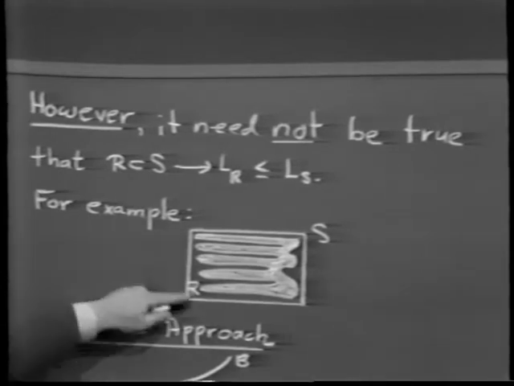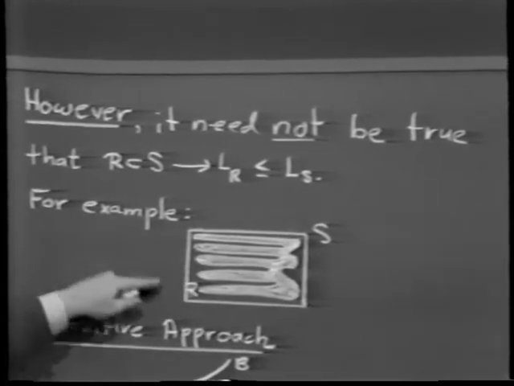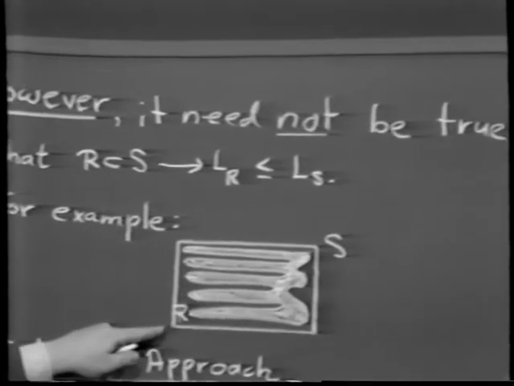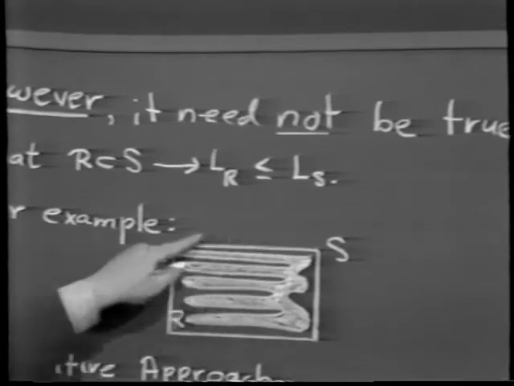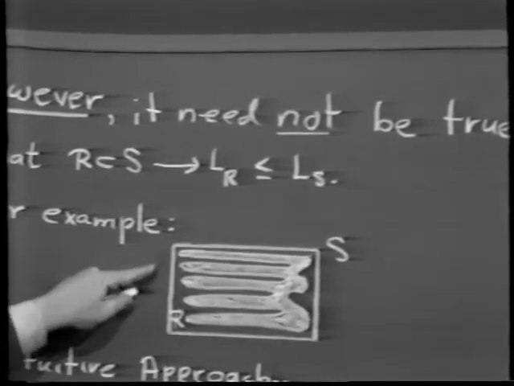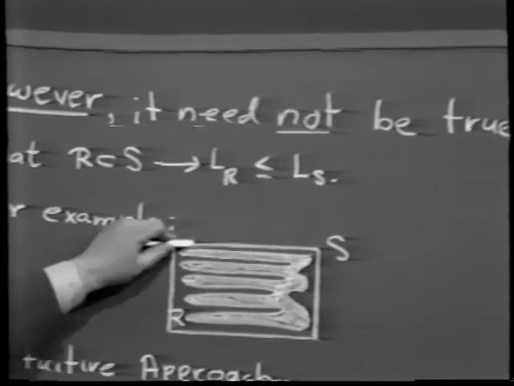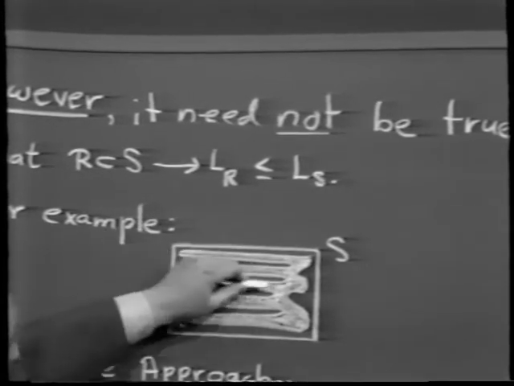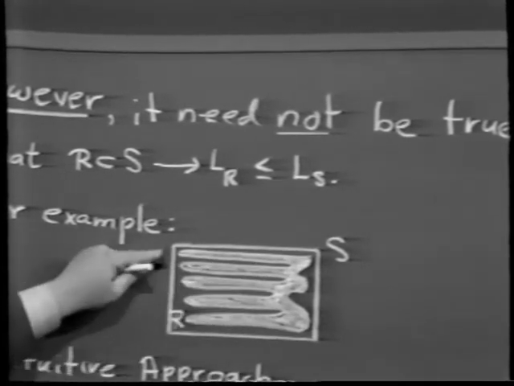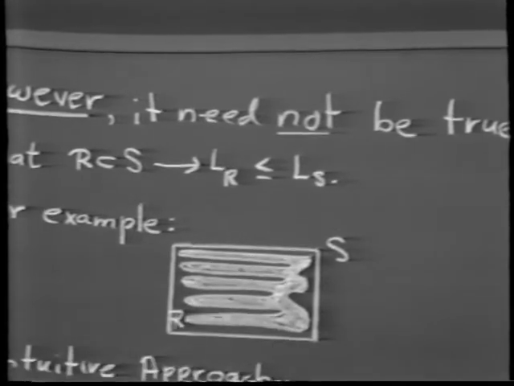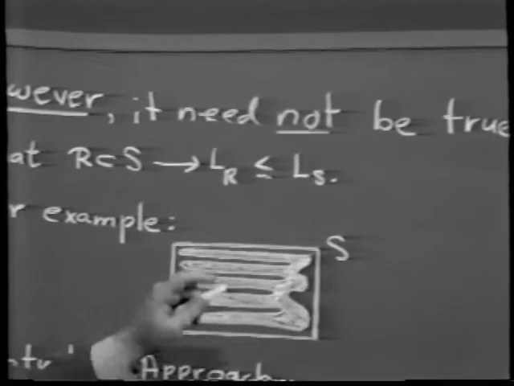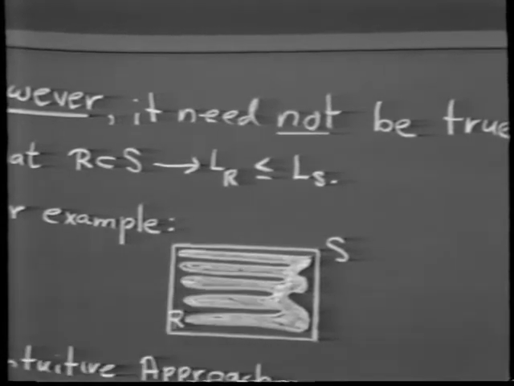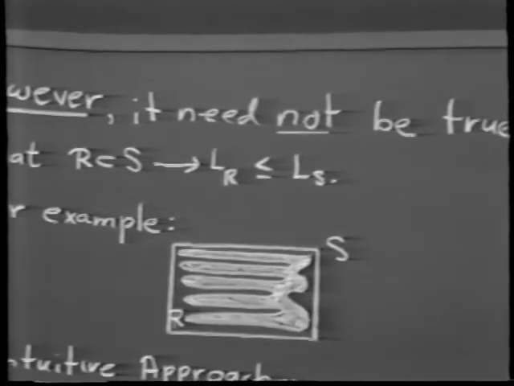In fact, this little diagram that I've drawn over here, I hope, will sort of show you what I'm driving at. Notice that it's rather clear that the region R here, which is shaded, is contained inside the region S, which is my rectangle. And yet, if you look at the perimeter here, all these finger-shaped things in here, I think it's easy to see that the perimeter of R exceeds the perimeter of S. And if it's not that easy to see, just make a few more loops inside here and keep wiggling this thing around until you're convinced that you have created this particular situation.